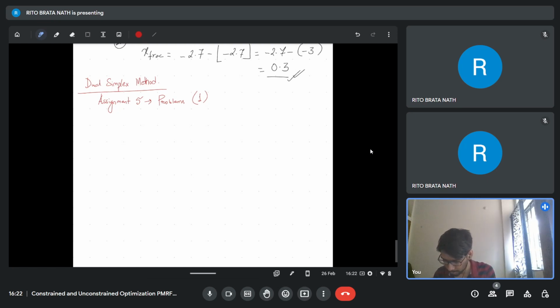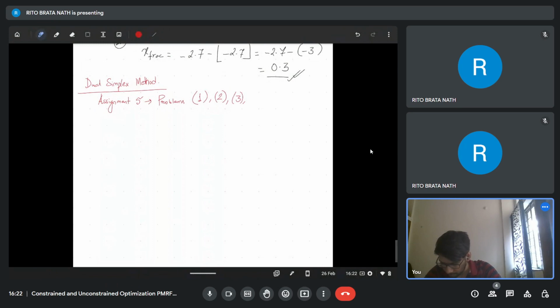Problem 2 is similar. Problem 3 is on dual simplex as well.